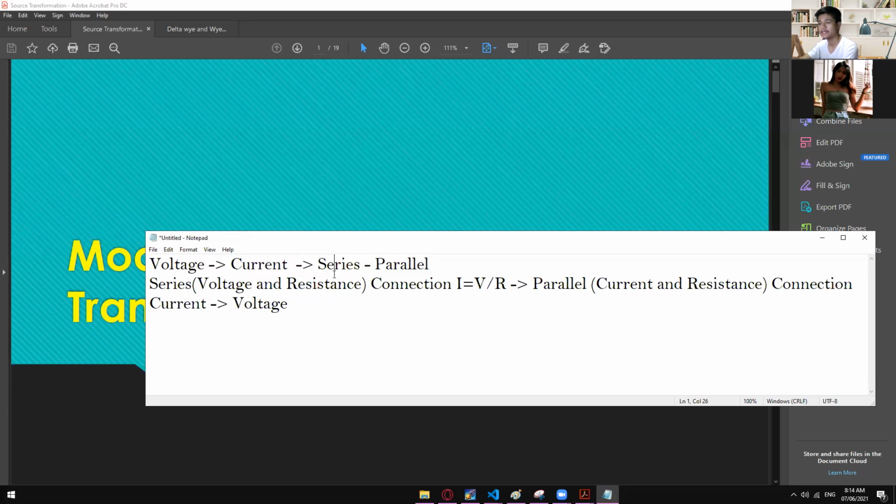But that is the idea on how to convert a voltage to current: from series going to parallel. And for the current to voltage, it's the opposite: from parallel to series.